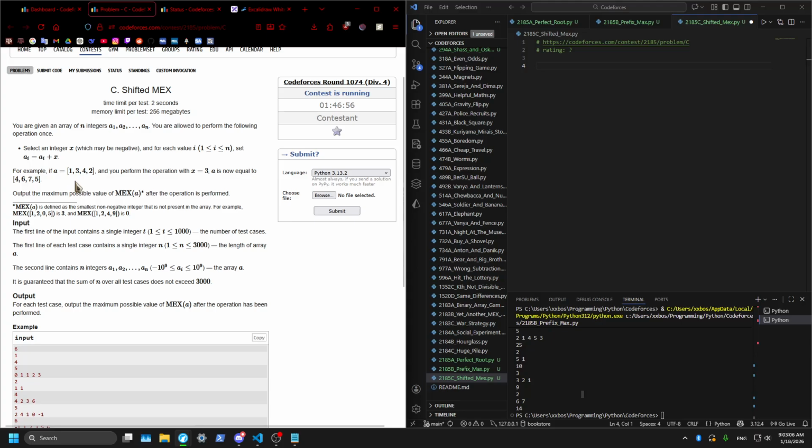For example, 3, 6, 7, 5. As a is now equal to this, output the maximum possible value of mex after the operation is performed.